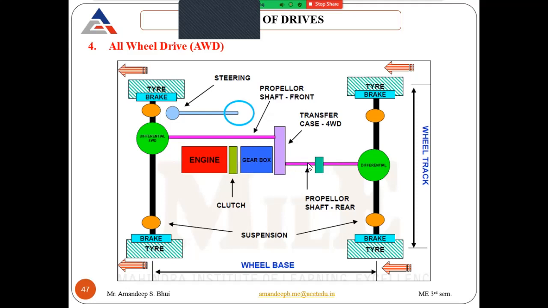From the propeller shafts, power goes into the rear differential and the front differential, and from the differentials the power goes into the rear wheels and the front wheels also. So in this case, all four wheels of the vehicle are given the power. That is why it is known as all-wheel drive.